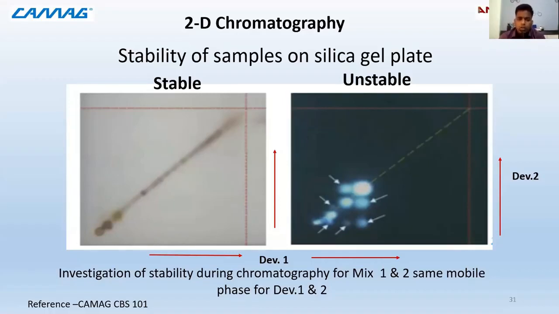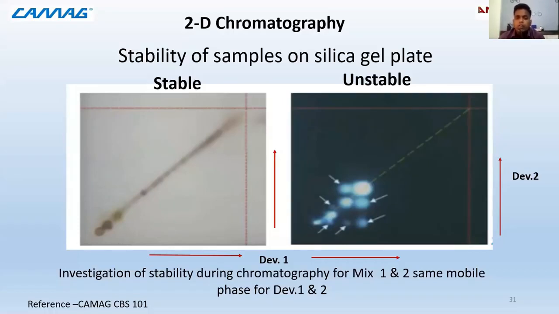If you find other fractions in the second direction, that means some degradation has happened in the sample, so it is unstable. And if you find no fractions off the one-line separation, that means your sample is stable. So this technique is very useful to find out stability on the silica gel plate.